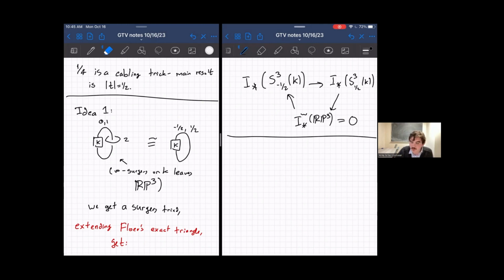So this bottom group, however it's defined, it's not usually defined in the literature, is 0. So this induced map up at the top, W star, gives an isomorphism. But I have bad news. And I'll call this maybe W naught.